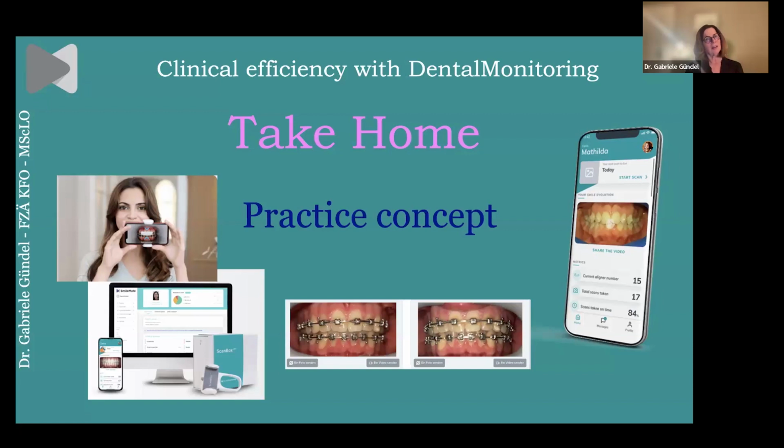But now, I hope I could show you my concept, how I'm really working in detail with dental monitoring, then you can reorganize your office, and you can have all of these advantages I hopefully showed you this evening.